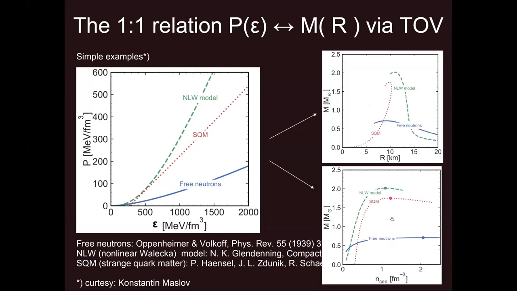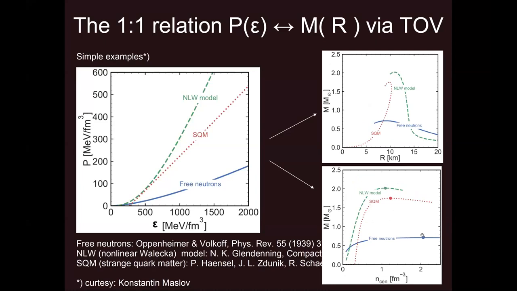Now let's also discuss the central energy densities, which are of course very interesting. So what is the critical density or energy density for the neutron star? And then we see that the stiffer the nuclear matter, so the higher the maximum mass as a characteristic parameter, the lower is the central density.